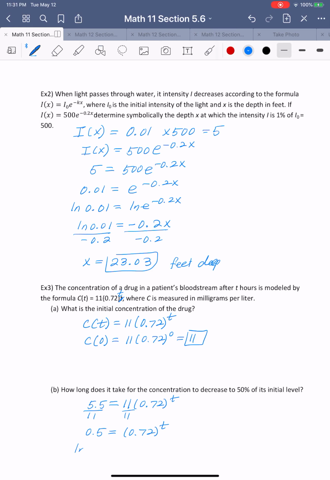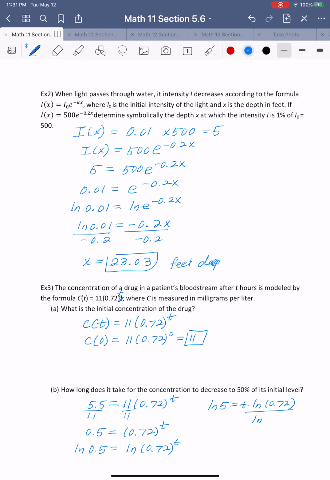Put the ln of 0.5 equals ln of 0.72 to the t-th power, which is the same as ln 0.5 equals t times ln 0.72.